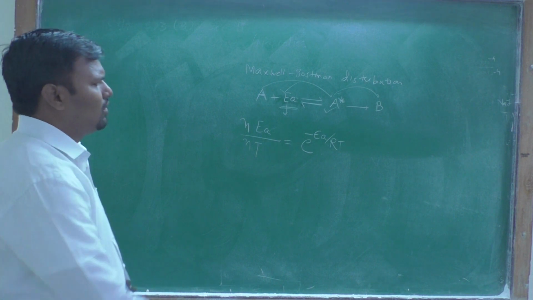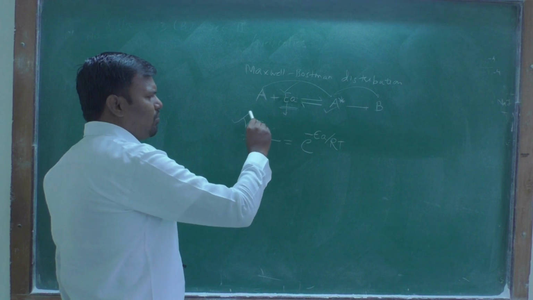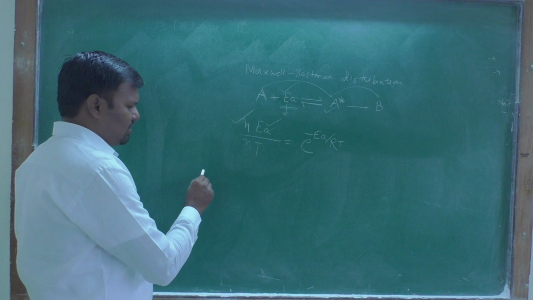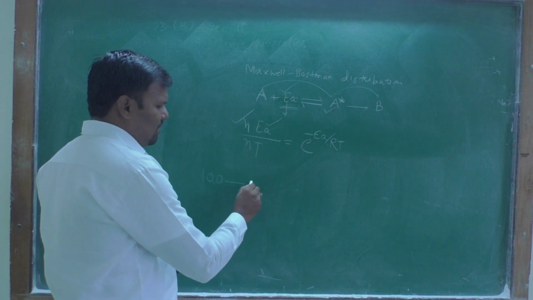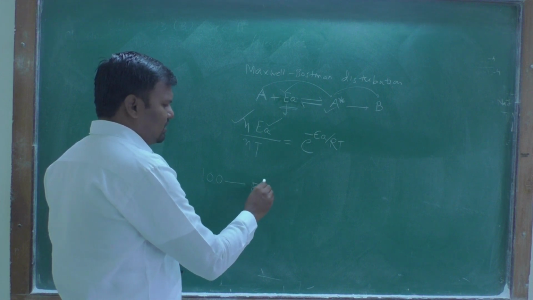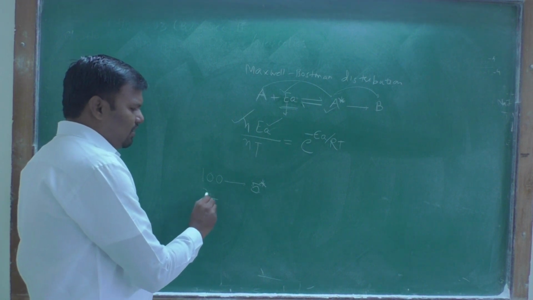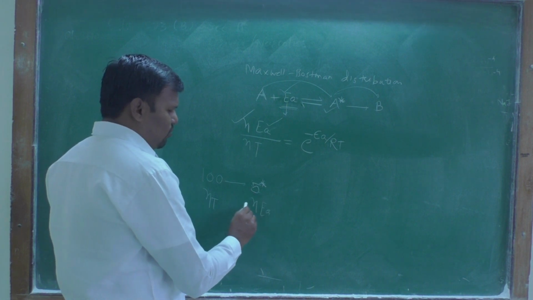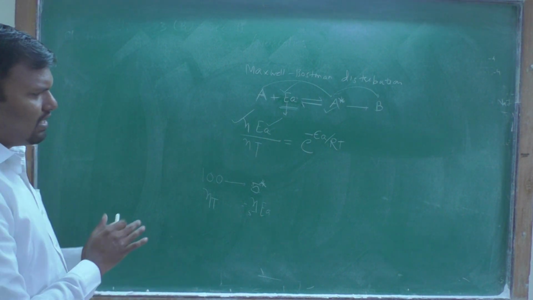This equation signifies the number of activated molecules. Suppose there are 100 reactant molecules and only 5 are activated. N_T is the total, and from the total, N_A, that is 5 molecules, are activated.